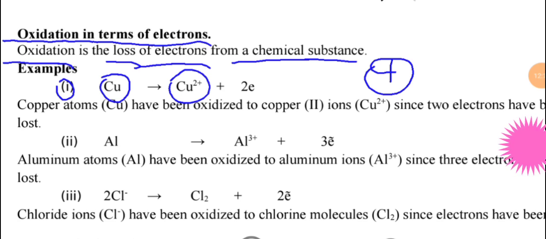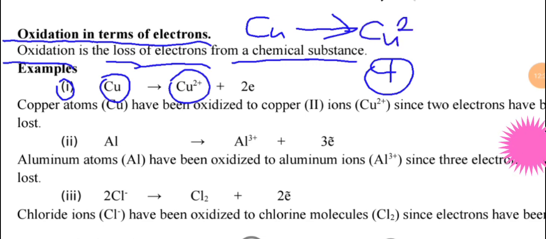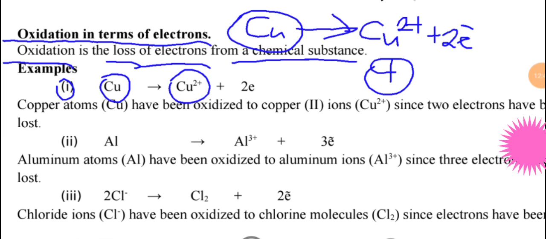As you can observe, we have copper, which is neutral. After losing 2 electrons, it forms copper 2 positive plus the 2 lost electrons. So we say copper has been oxidized because it has lost 2 electrons.